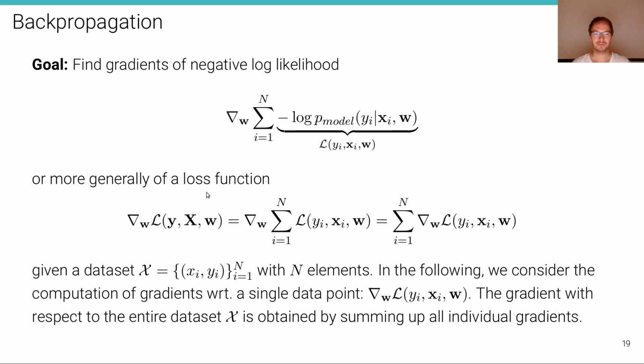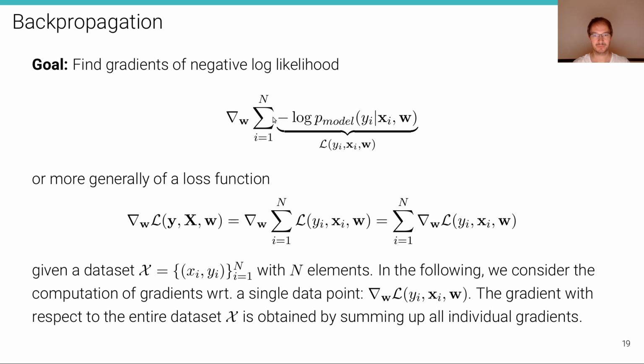Or more generally, what we want to do is optimize a loss function with respect to the parameters W. So here we have a loss function indicated by this calligraphic L that depends on a data set. Here this Y in boldface and X in boldface indicates the entire data set, again stacked into rows, and the parameter vector W. And if we write this out in terms of the individual data points, we get the gradient of the sum over all data points, because we assume the data is drawn IID, over the individual loss functions.